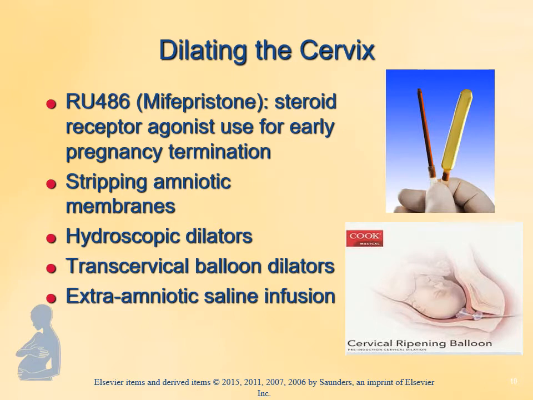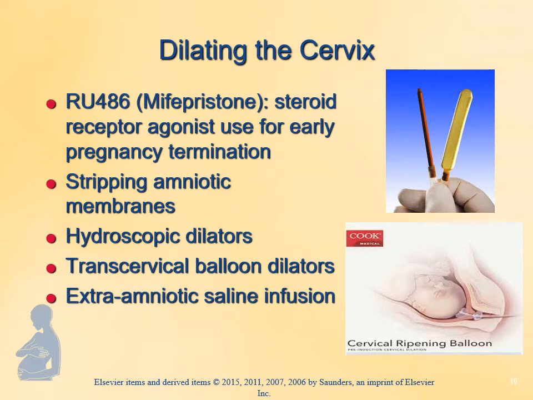I wish you could see what I'm doing, but it's just a more vigorous exam where you kind of are maybe irritating the cervix a little bit, and sometimes that can release some prostaglandins that the body naturally has and cause that cervix to dilate.